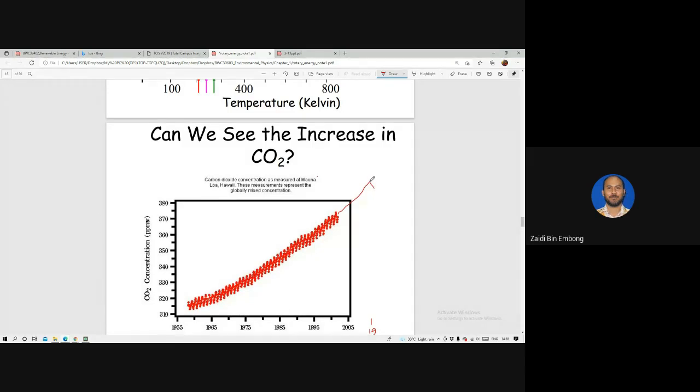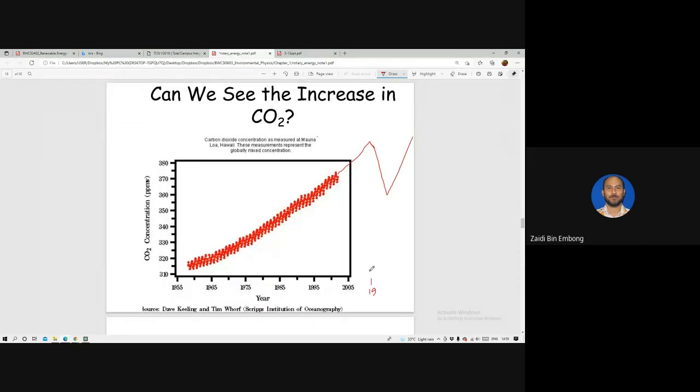The concentration of CO2 could drop until now. Then after now, it can be a rerun of the era, then become like that. Okay, that means human activity produces CO2.